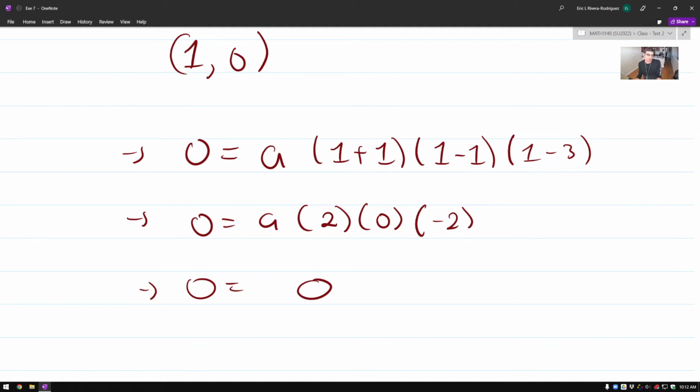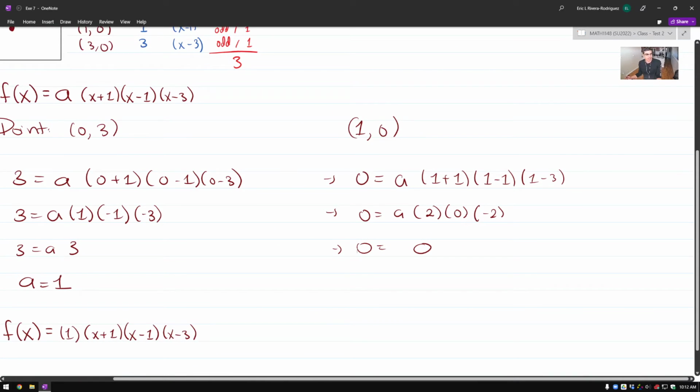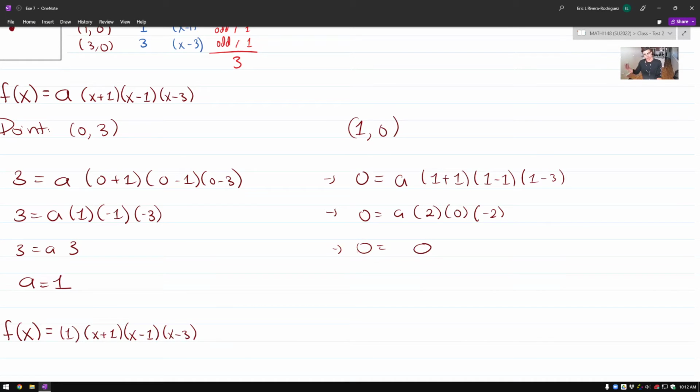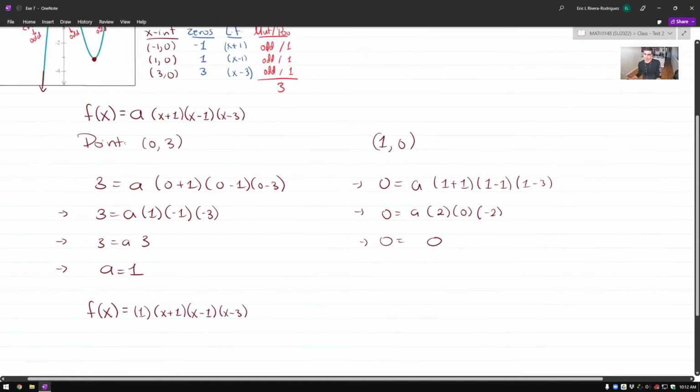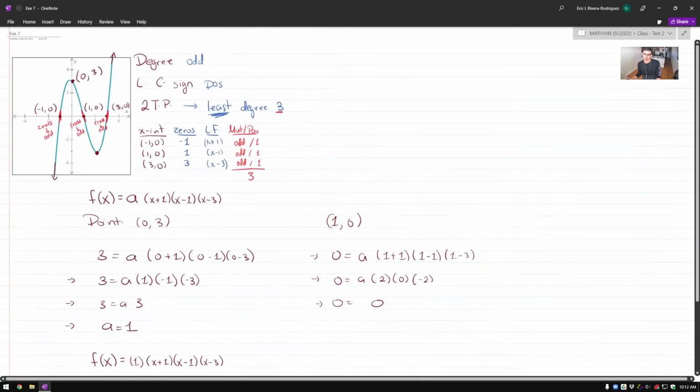You are going to cancel the leading coefficient, and there's no way to find that value. And it makes sense because the x-intercepts are the actual zeros of the polynomial, so it makes sense that you get 0 and 0 on both sides. Any question?